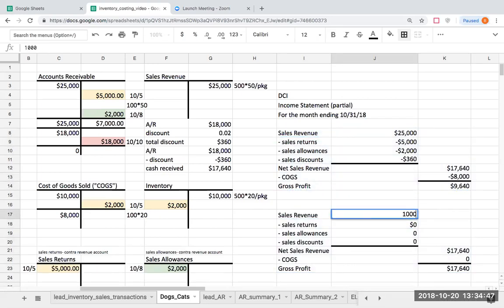If I had sales revenue of 100 million, and sales allowances of negative 75 million, and my cost of goods sold, we'll say, would be 10 million, just again making this up.